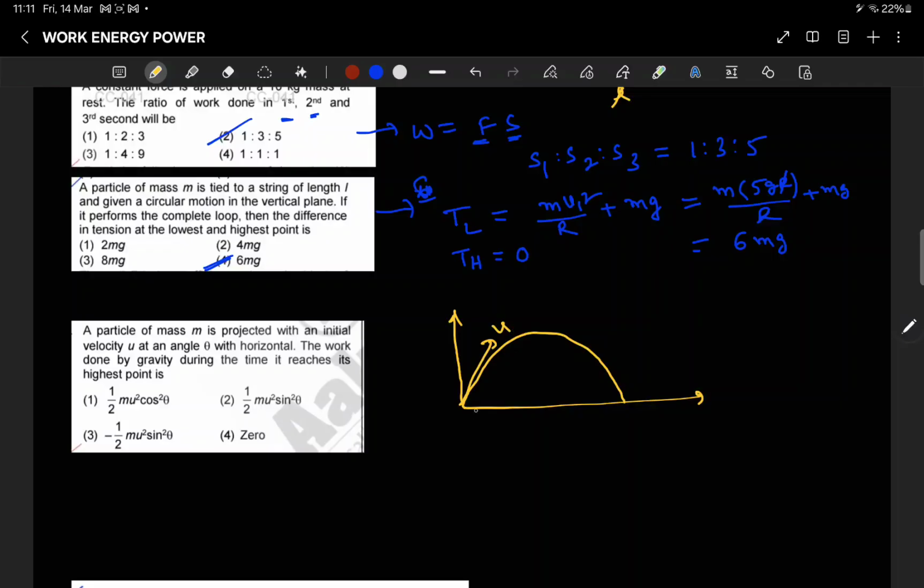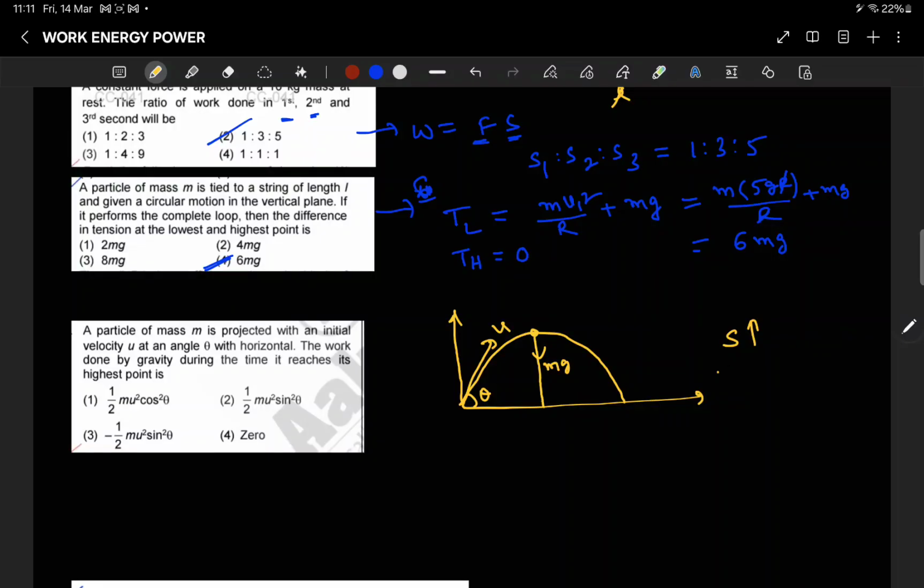At the highest point, displacement is in the upward direction, while force and acceleration are downwards. Force is mg. So force and displacement are in opposite directions, which means work done by that force is negative.